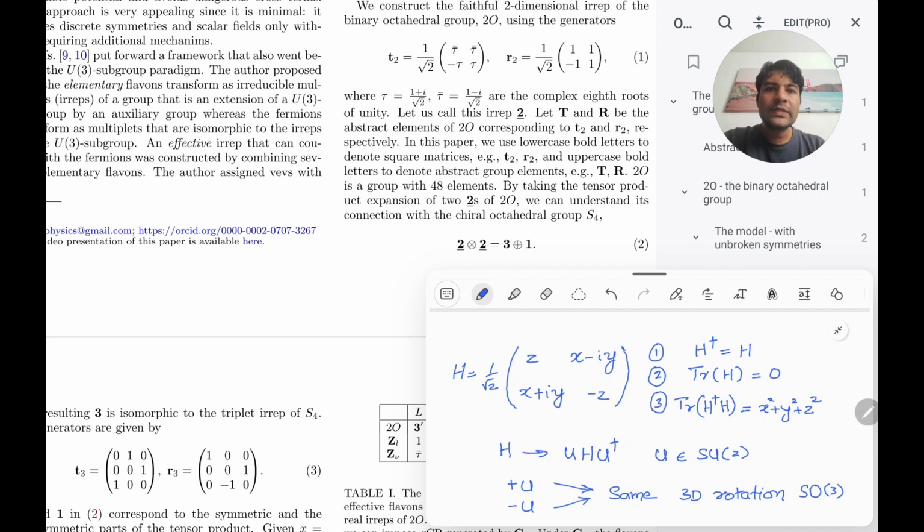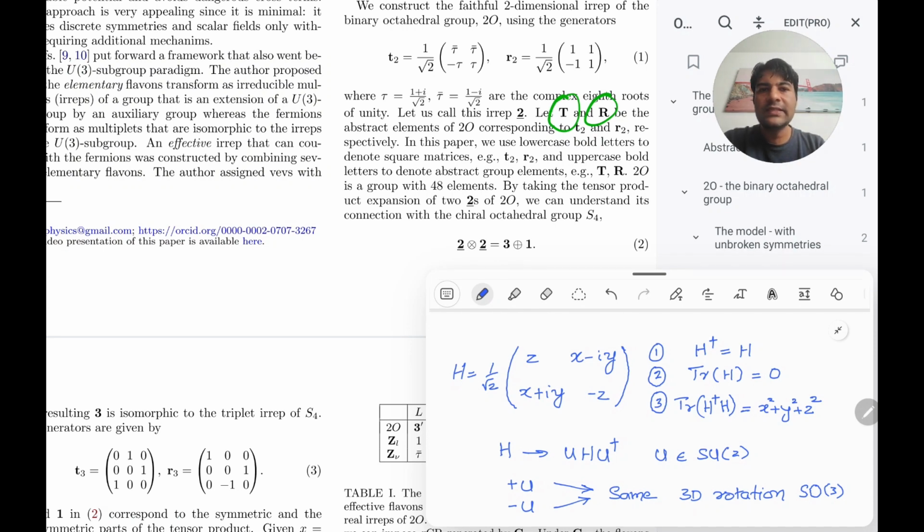The group S4 is extensively used in model building, and almost always the group is constructed with 3 generators S, T, and U. On the other hand, here I am using only 2 generators, T and R. The minimum number of generators needed to construct S4 is just 2.